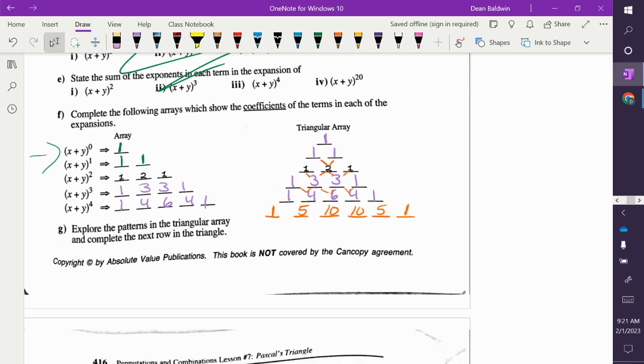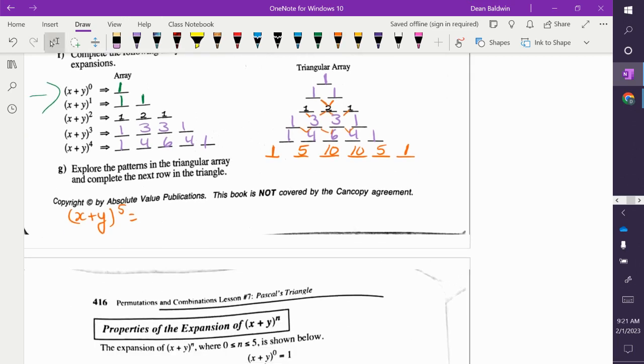If you take the binomial, x plus y to the power of 5, and expand that, this is what you get.